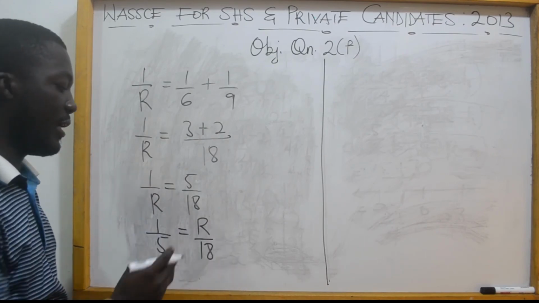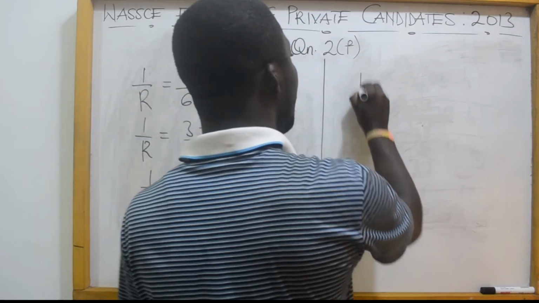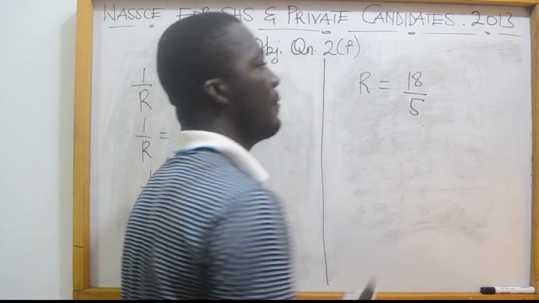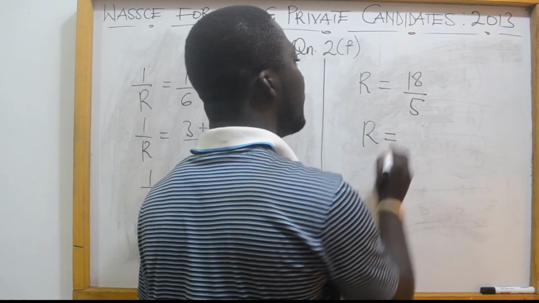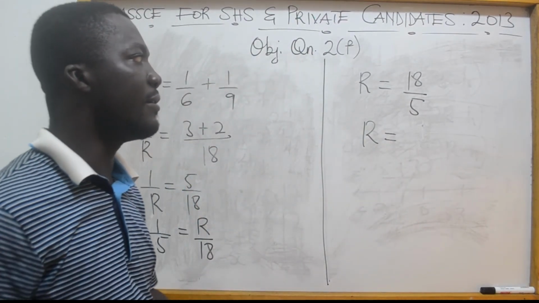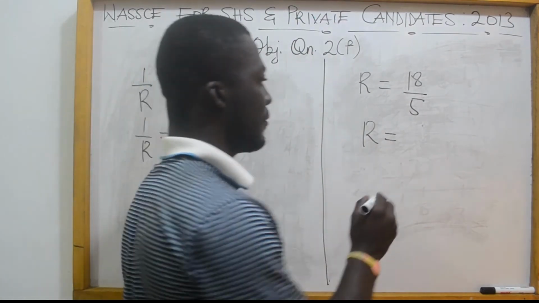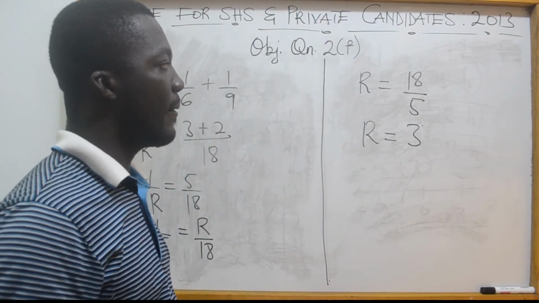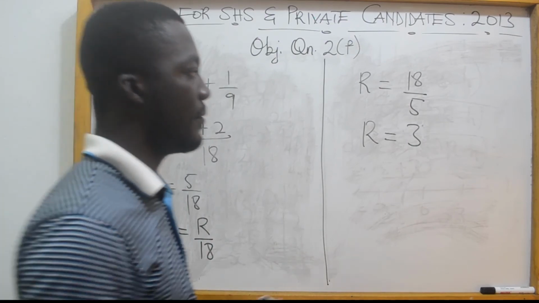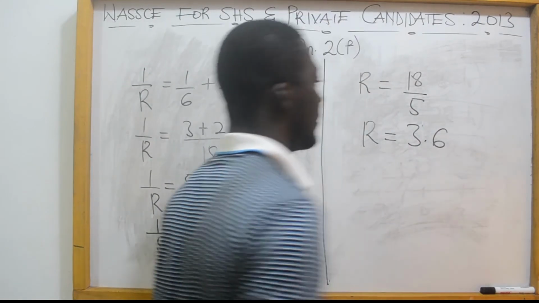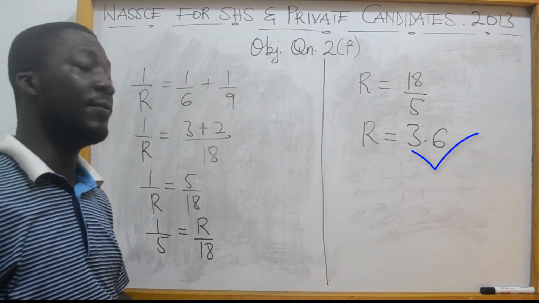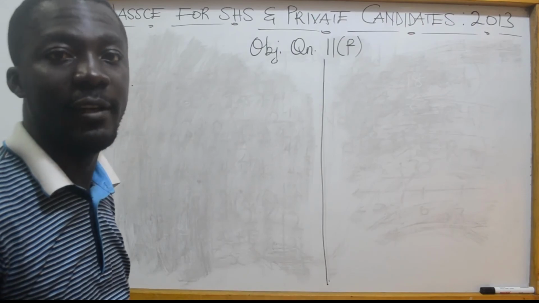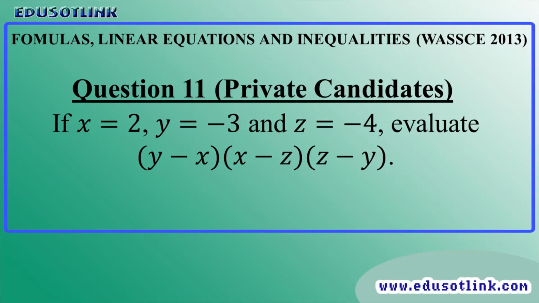We can also cross the 18. So we get the value of r is equal to 18 over 5. 18 divided by 5, 5 into 18 is 3, then remainder 3 over 5, so 3.6. The value of r is equal to 3.6.